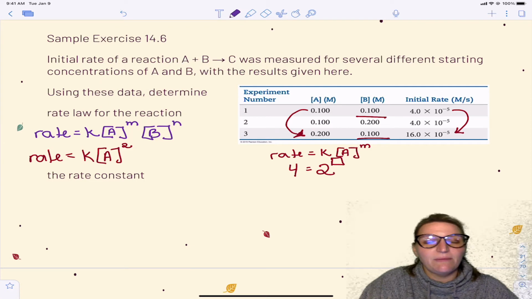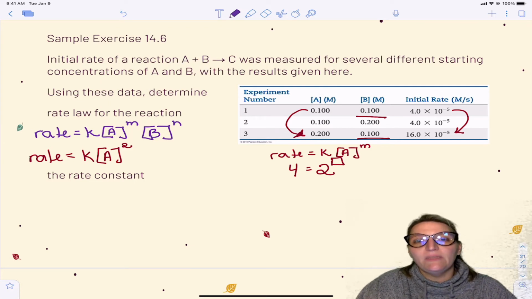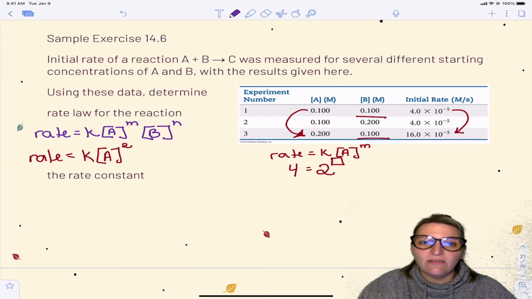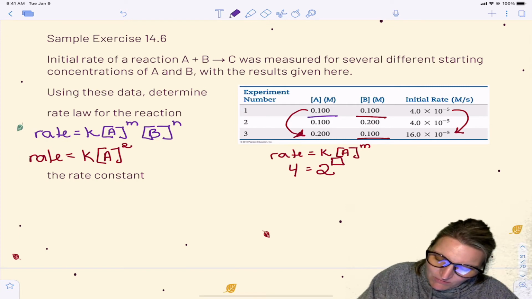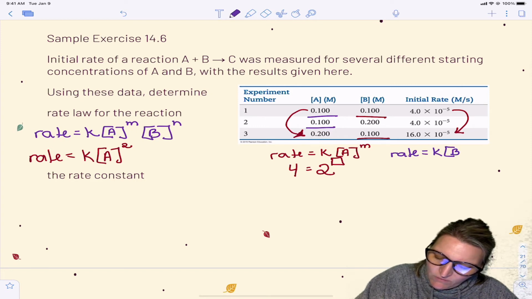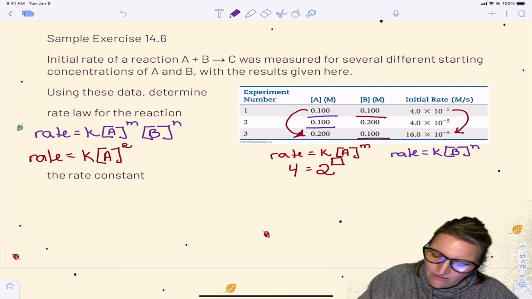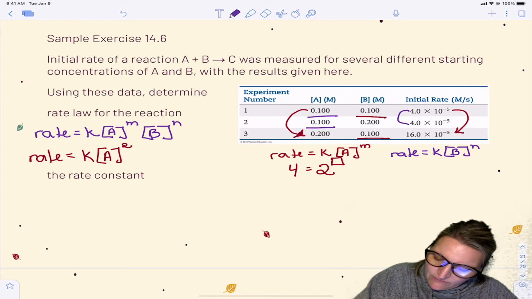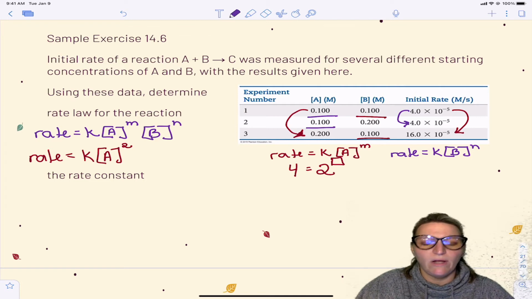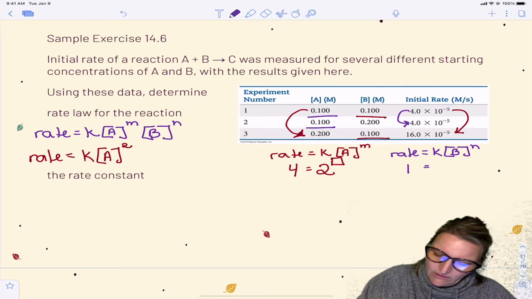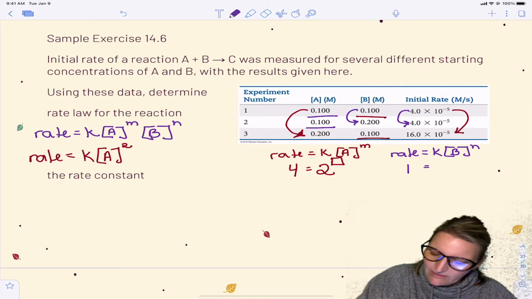And I'm going to do the exact same thing, but with B. What experiments do I keep A constant so that I'm just looking at B? And that is experiments 1 and 2. So rate equals K times the concentration of B raised to some power. What happens to the rate? The rate is multiplied by 1. What did I do to B? Well, I doubled it.